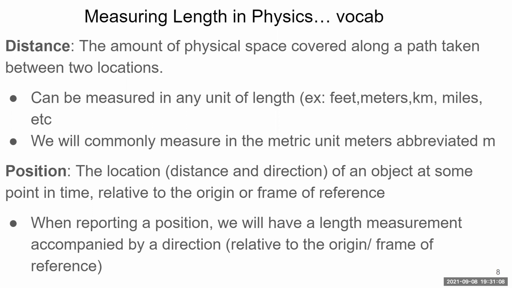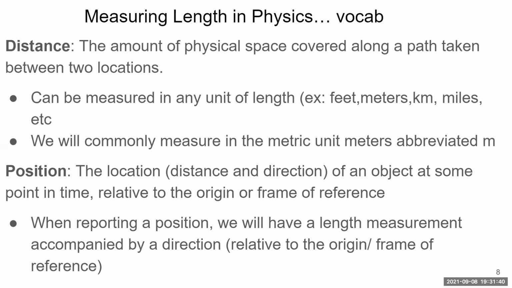Distance can be measured in any unit of length, feet, meters, kilometers, miles, inches, anything that's appropriate to the scale of what we're measuring. We talked about that last week in our measurement labs. We'll commonly measure in metric units of meters for our length. And the meter is abbreviated with a lowercase m. It's important that it's a lowercase m, not a capital M.